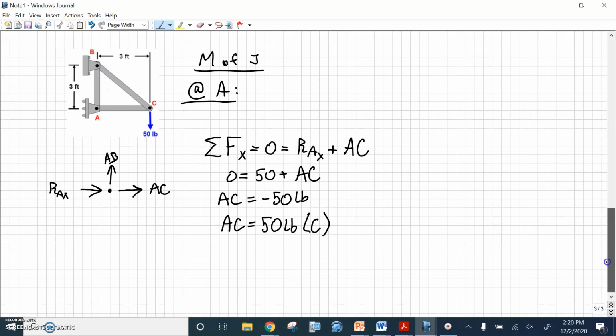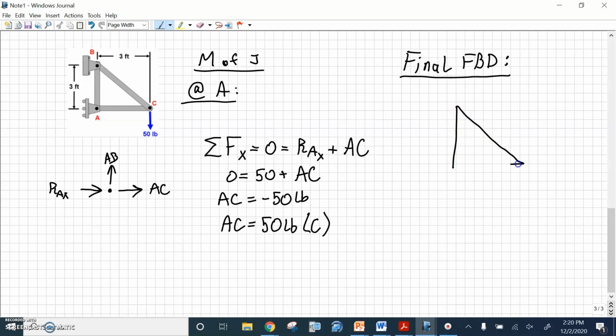So really the last thing we want to do, the final step in any of this, is just drawing a final free body diagram. So we'll call this our final free body diagram. You would want to do this by hand and draw, you've got A, B, C this way.